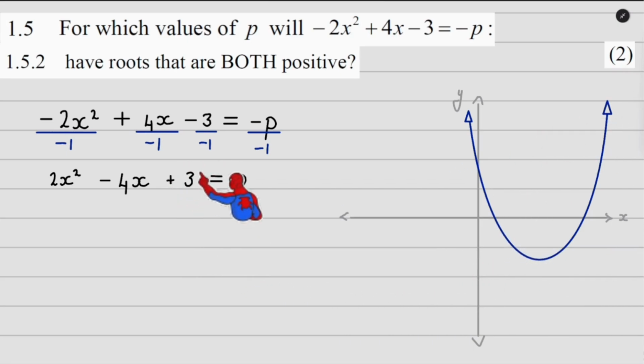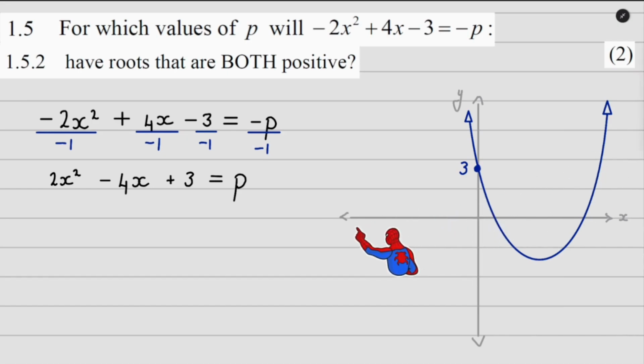This plus 3 will represent the y-intercept of the parabola. And because I have a negative b value, I know that the turning point of the parabola sits on this side of the y-axis. So it's to the right of the y-axis.